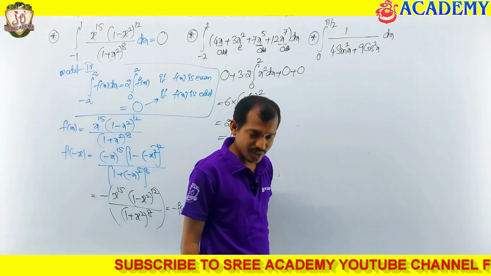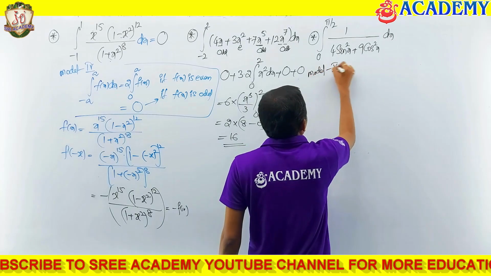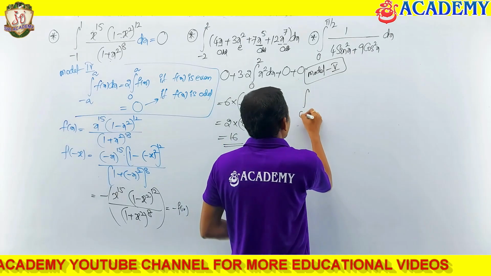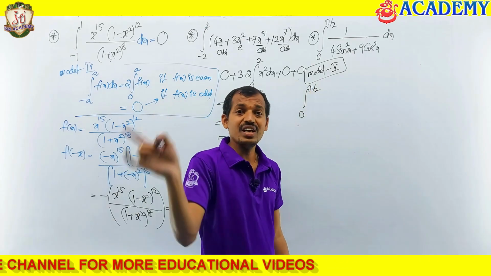Here I have given one more model, I can represent it as model number 5. If you know the formula, that is the integral from 0 to pi by 2. Previously also we used 0 to pi by 2 with sin to the power of n and cos to the power of n.